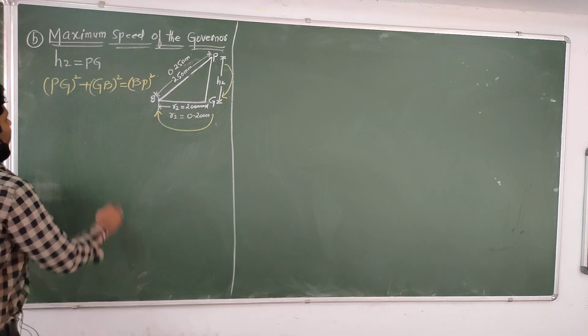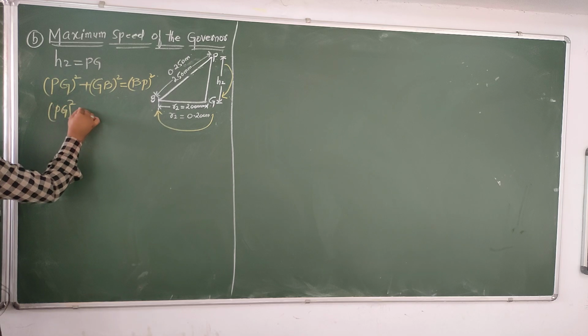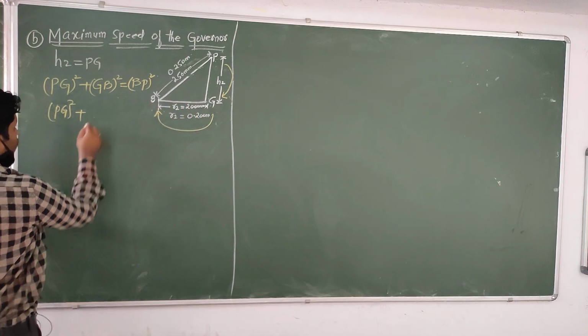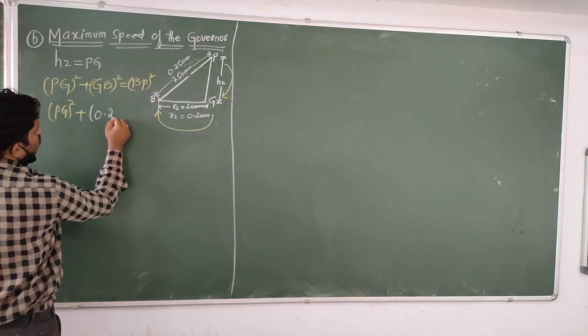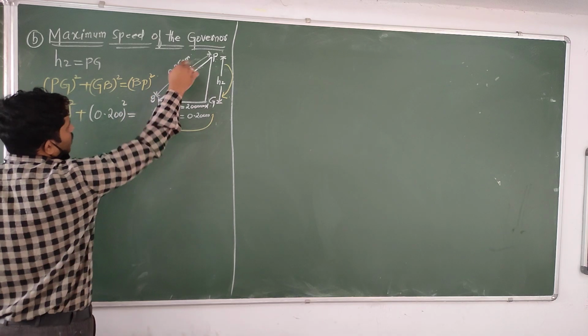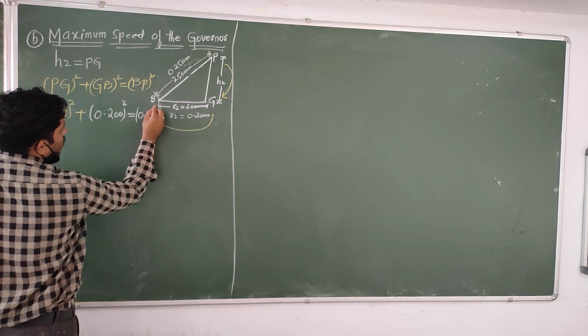Then PG value is H, PG is the unknown value. PG whole square plus GB value, 0.200 whole square, equal to BP value, 0.250 whole square.